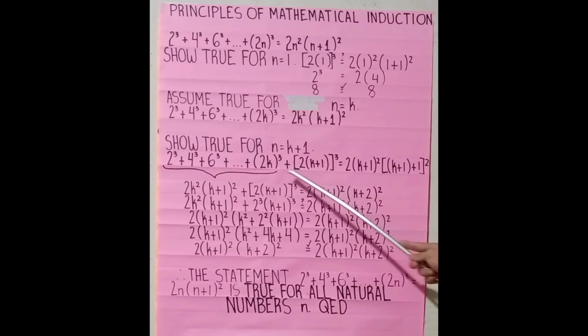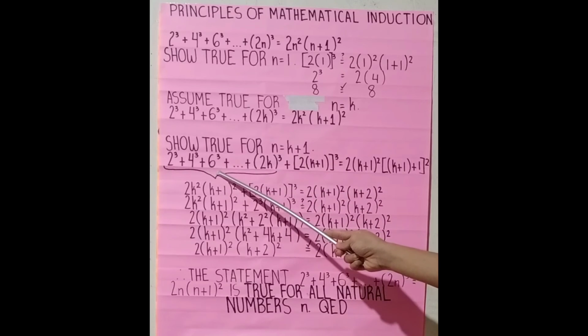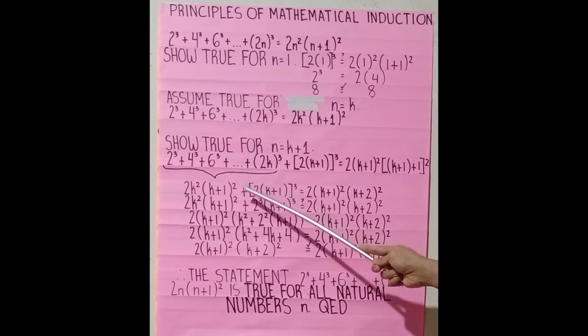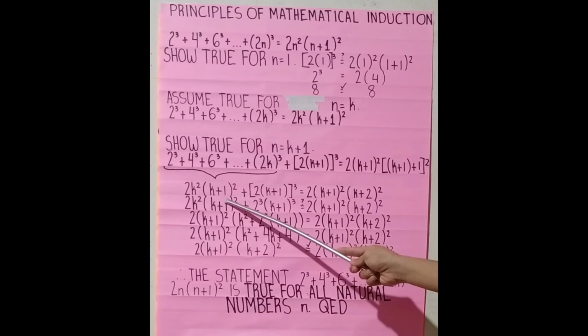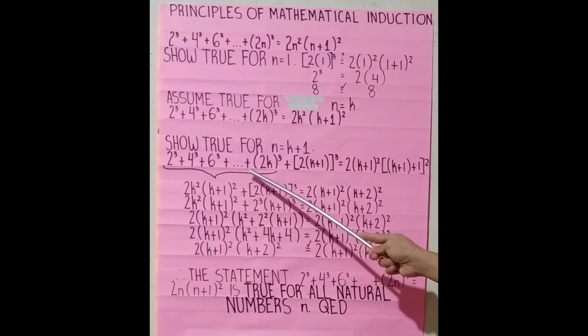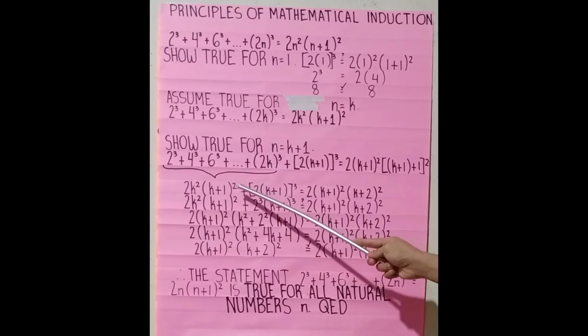And since we know that 2 cube plus 4 cube plus 6 cube plus ellipsis plus 2k cube is equal to 2k squared times k plus 1 squared, we get 2k squared times k plus 1 squared plus 2 times k plus 1 cube. These two are equivalent. That's why we use this.